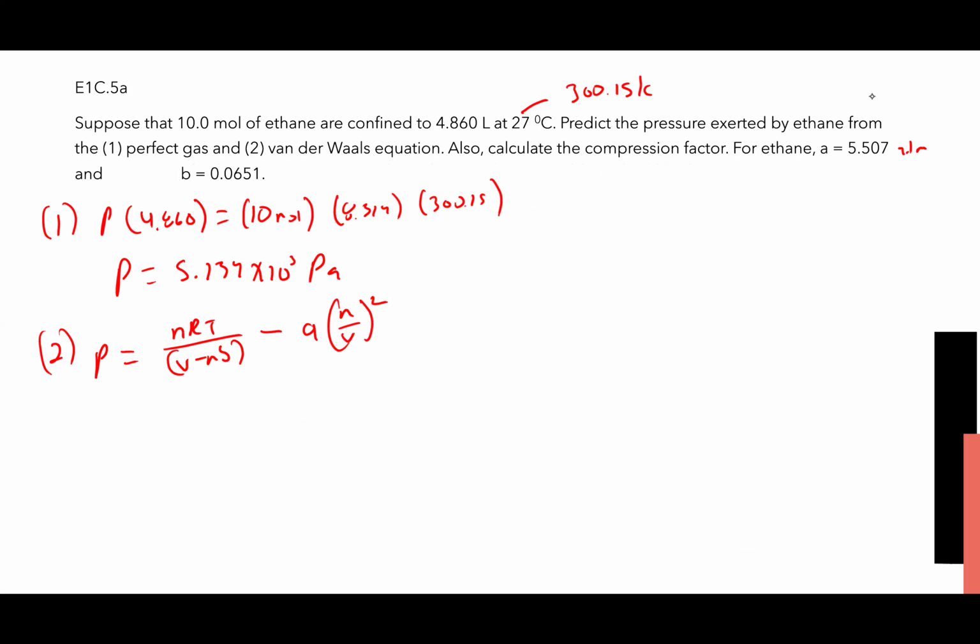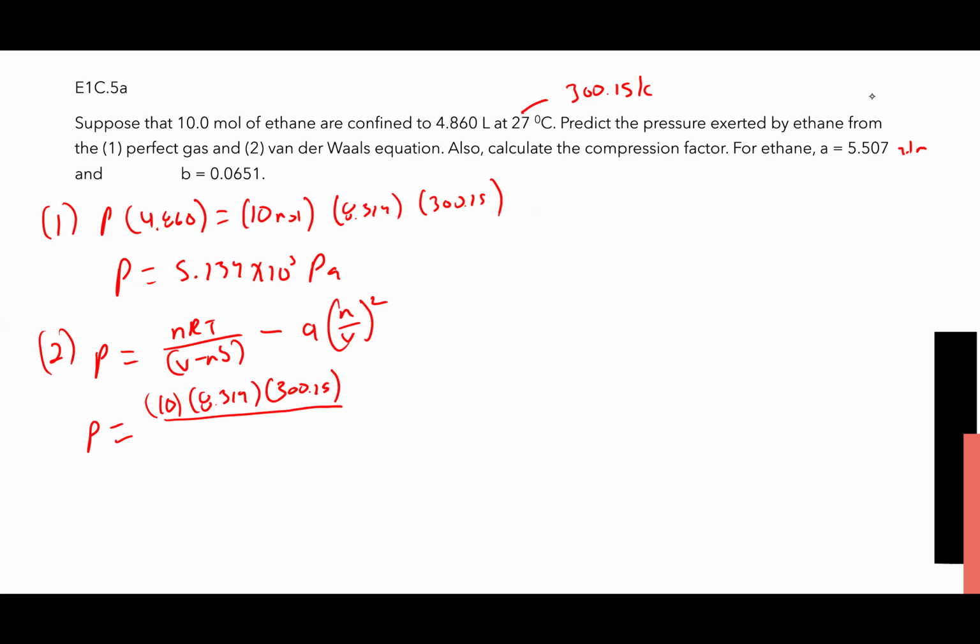We're given the units, or we can figure that out. N is still 10 moles, R still 8.314, temperature still 300.15.